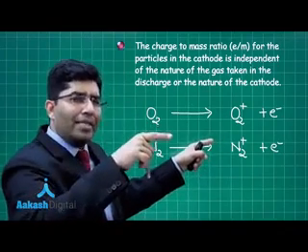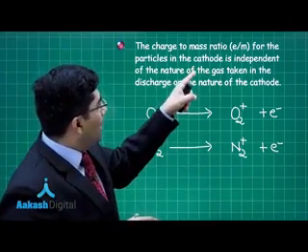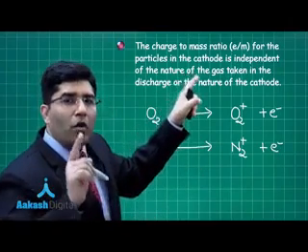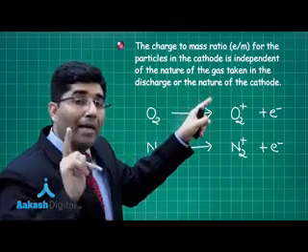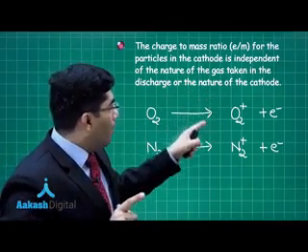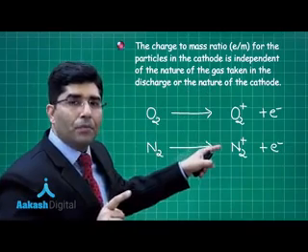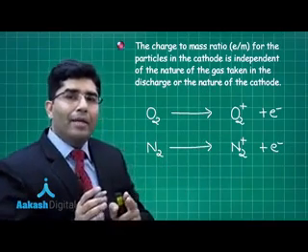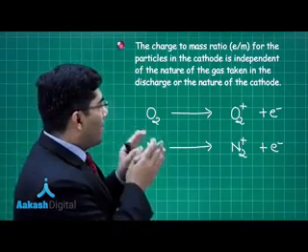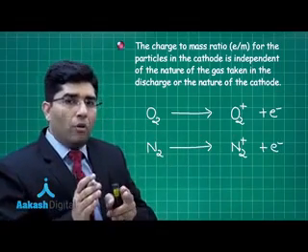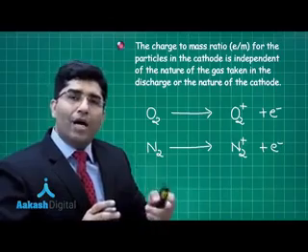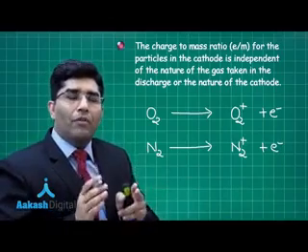In that case, this e by m ratio, which is also called specific charge, is dependent on the type of gas. So let's see, with the help of this cathode ray experiment, how Millikan and J.J. Thomson found the charge and the mass of the electron.